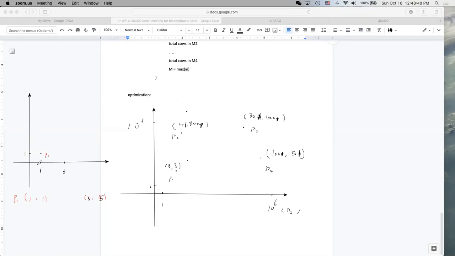So 35 corresponds to 1 and 1. The second one is for 1151. Well, we're going to put this one at what? 3 and 1. So this is going to be P2. And corresponding to 1001.